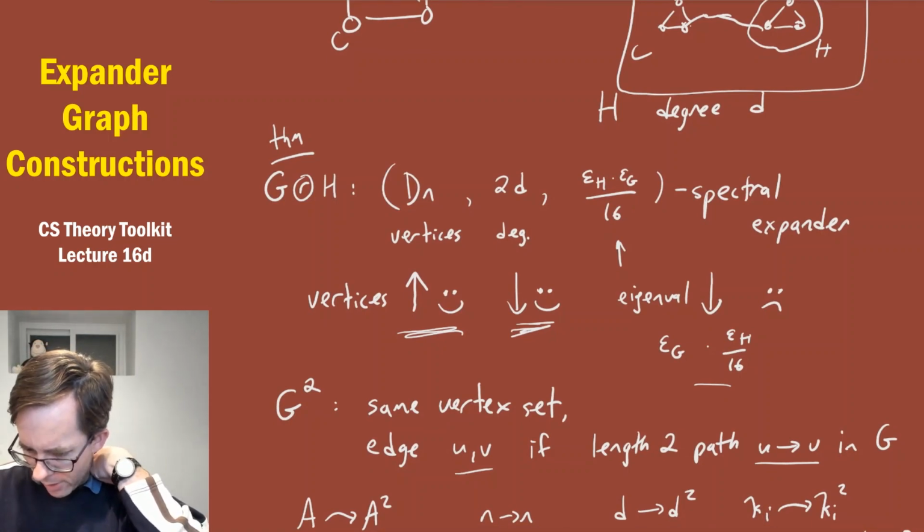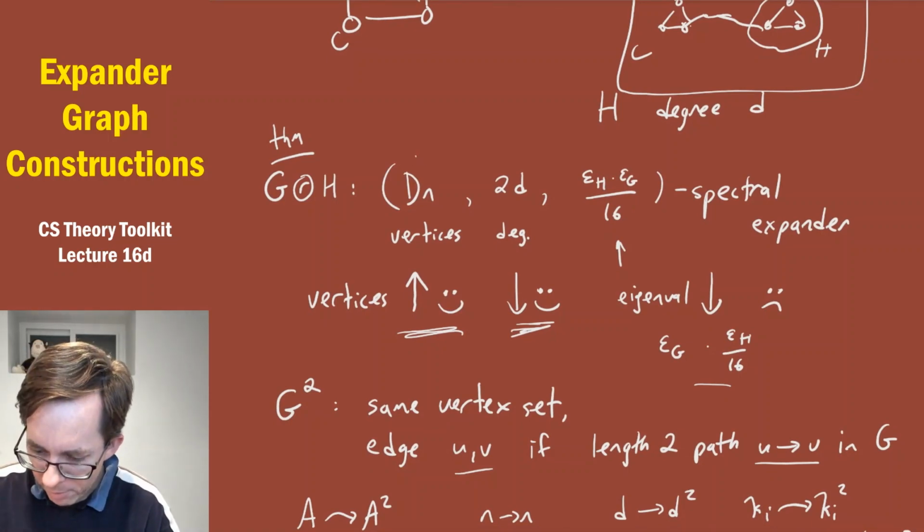This capital D, which is the number of vertices of H, was 8 to the power of t.